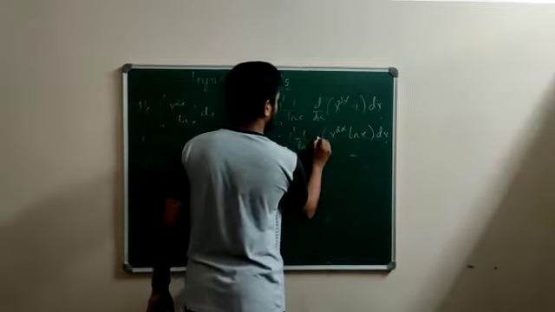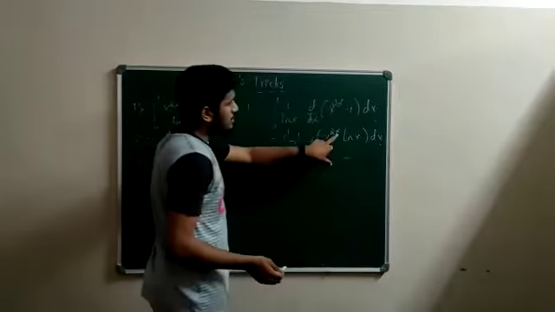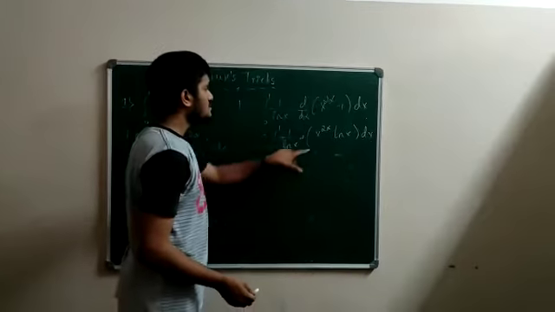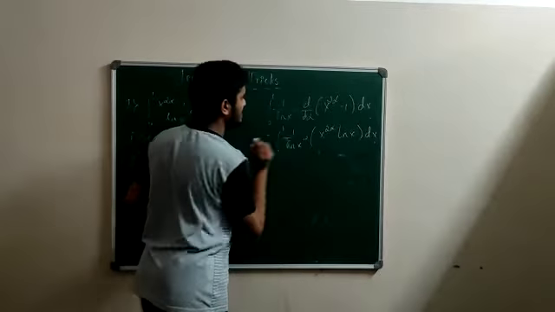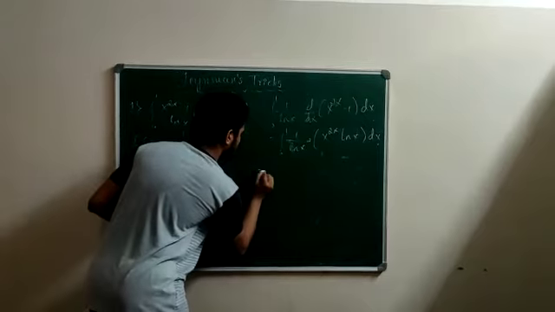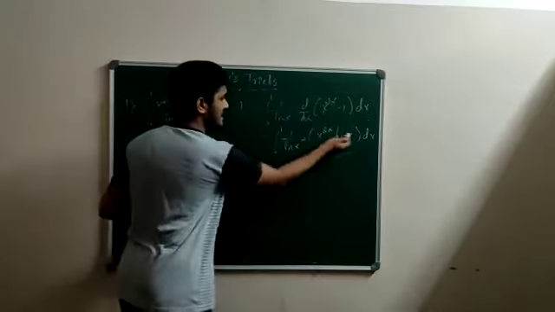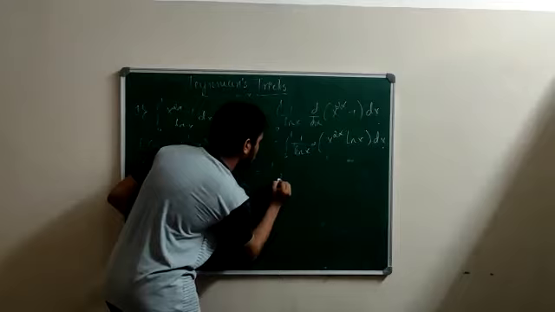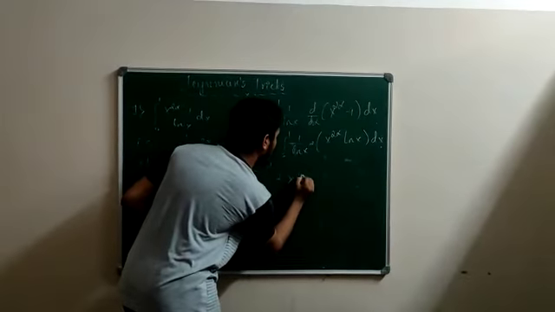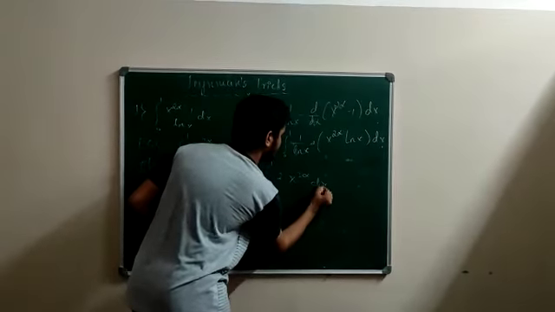In x to the power 2 alpha, 2 is a constant, so we have written 2 here. So the integral from 0 to 1, ln x and ln x cancel each other. So 2 into x to the power 2 alpha into dx.